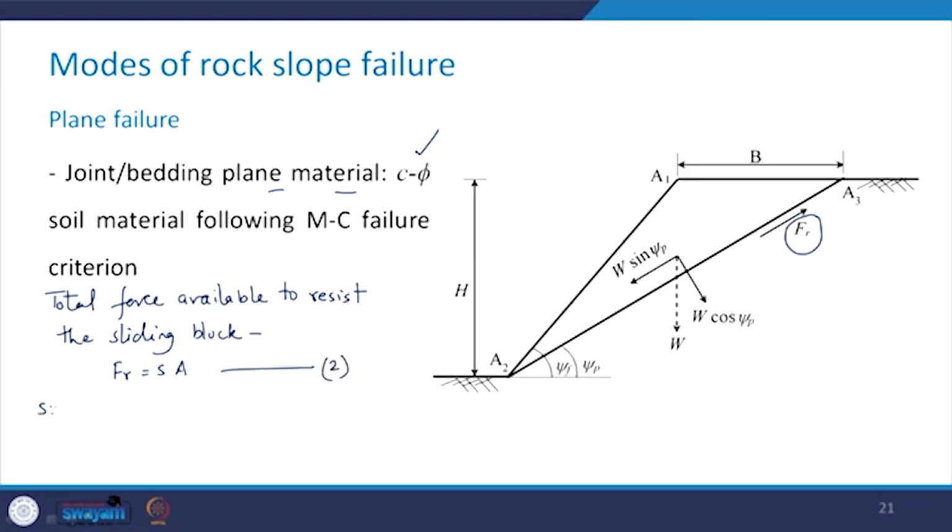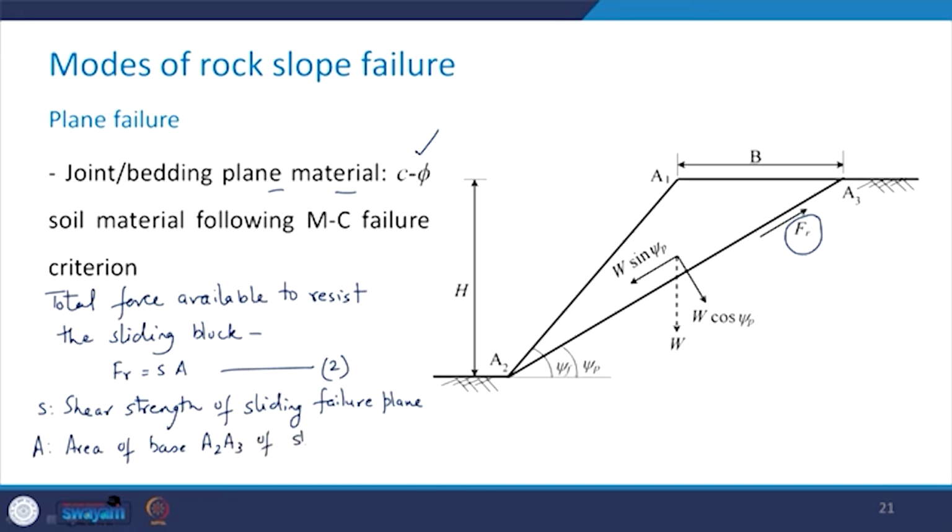Here this S is the shear strength of the sliding failure plane, and A is the area of base A2, A3 of the sliding rock block.